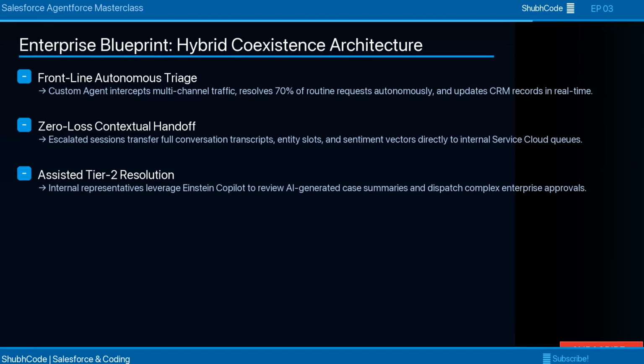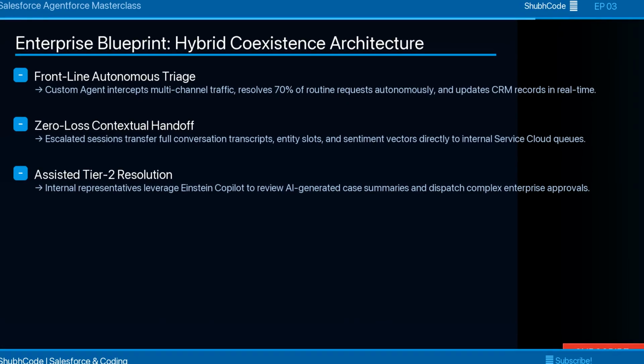Let us bring everything together into an end-to-end enterprise blueprint showcasing both systems collaborating in harmony. A customer initiates an inquiry over WhatsApp, immediately intercepted by a custom autonomous service agent running against Data Cloud unified profiles. The agent autonomously authenticates the customer, verifies billing records via MuleSoft, and successfully resolves payment issues using deterministic flows.